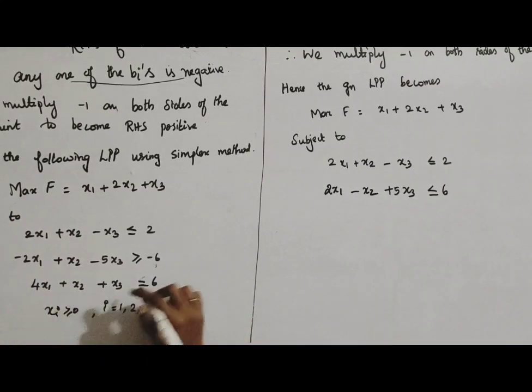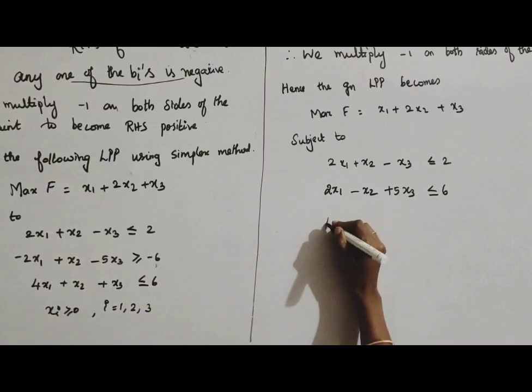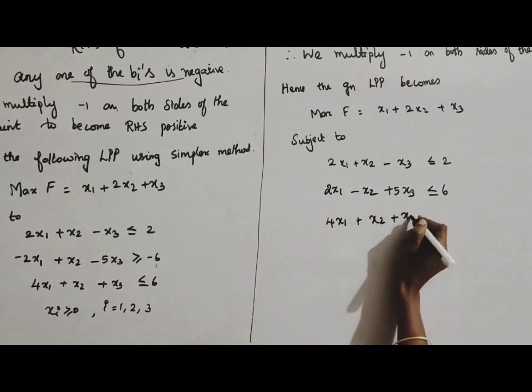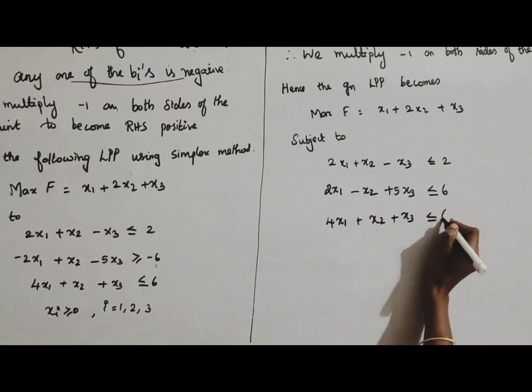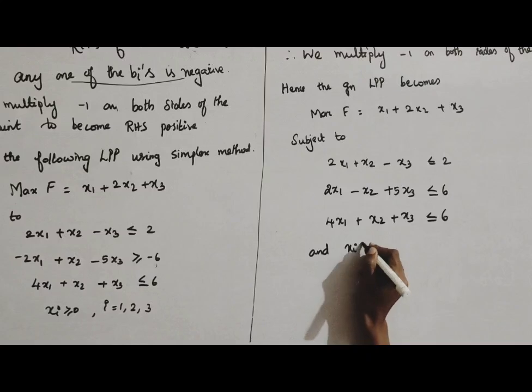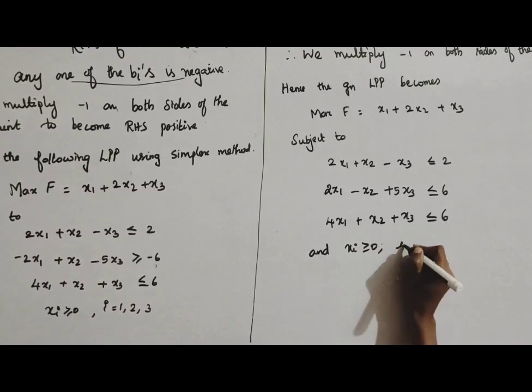The third constraint you write as it is, that is 4x1 plus x2 plus x3 less than or equal to 6, and the non-negative variables xi greater than or equal to 0 for i equal to 1, 2 and 3.